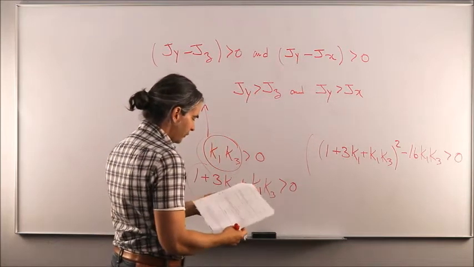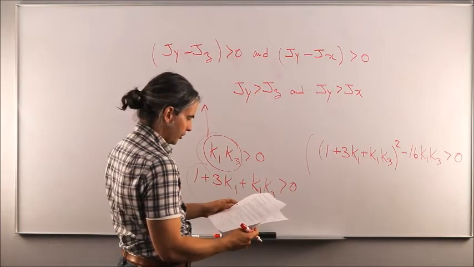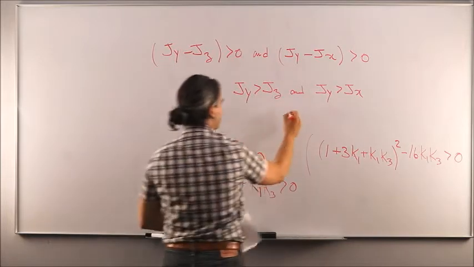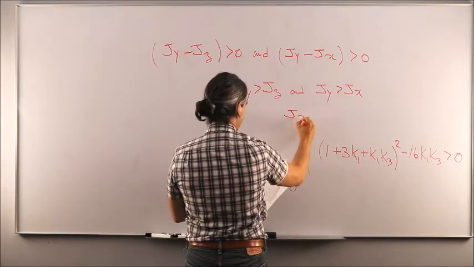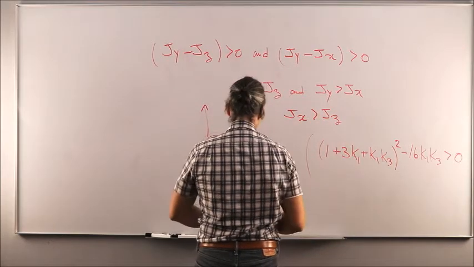Furthermore, we had obtained from the pitch motion stability the fact that Jx has to be larger than Jz.